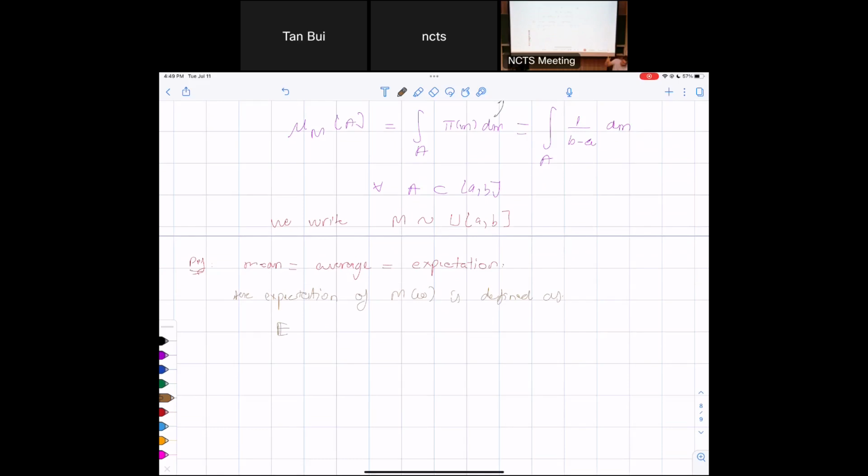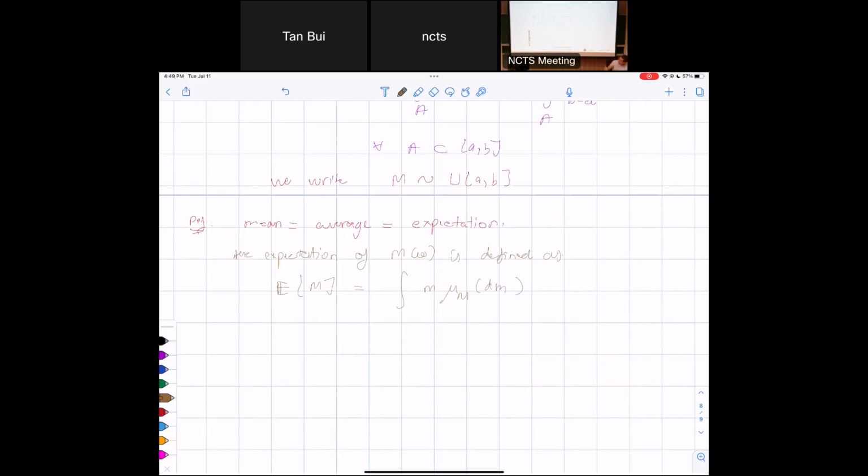Expectation of a random variable is defined as, if of course we assume the random variable, the integral of M mu of dM. Remember that mu is the probability measure, right? The push forward of M in the state space. Now that's actually the most general formulation, right?